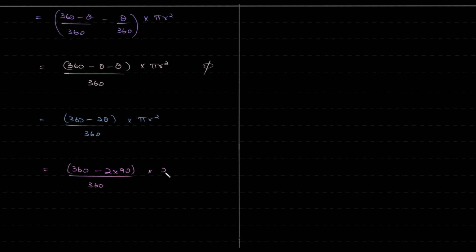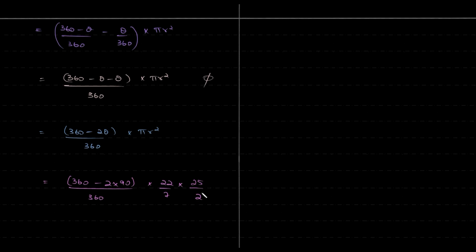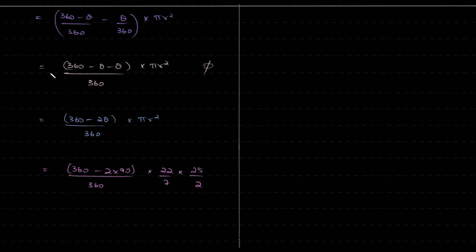So this is 22 by 7 into 25 by 2, because 5 by root 2 into 5 by root 2 is 25 by 2, and we have r square. That's why I told you not to rationalize it.